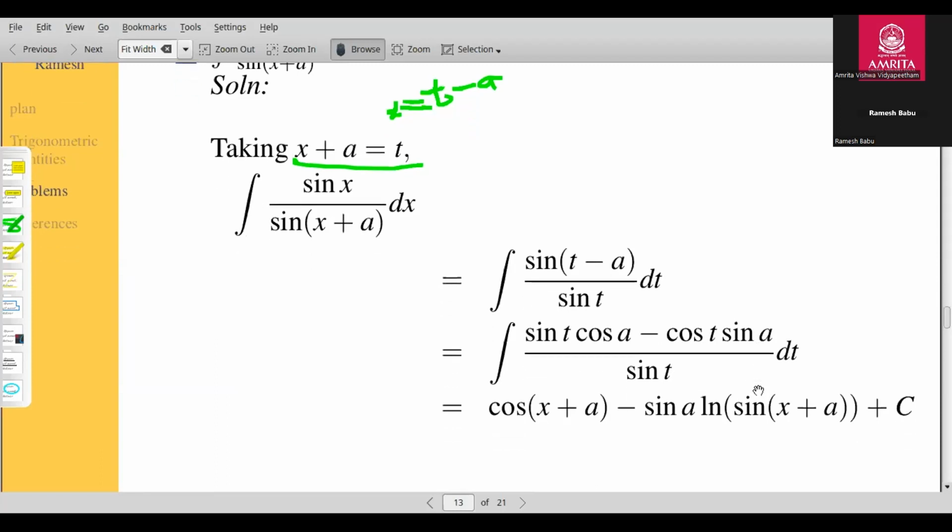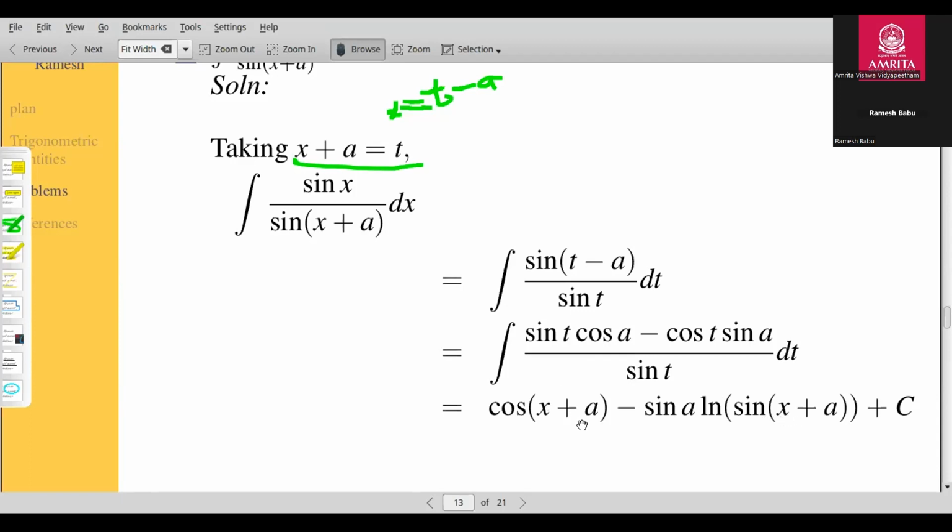Here I can take cos a outside, and the sin t gets cancelled. So the integration is cos a into dt minus sin a taken out, minus integration of cot t into dt.